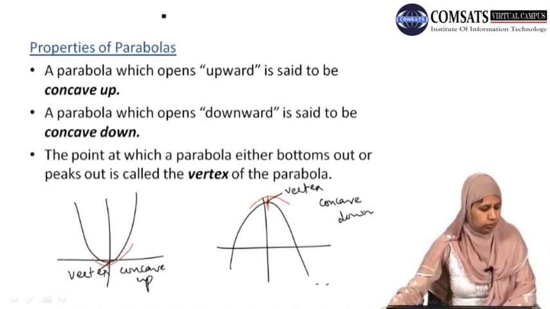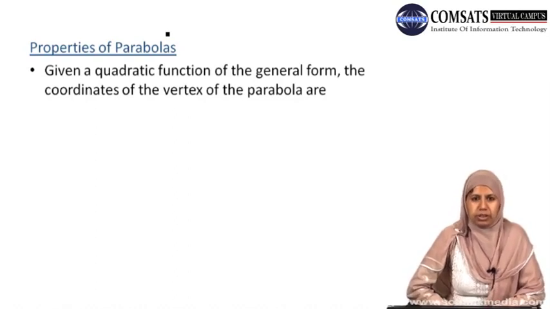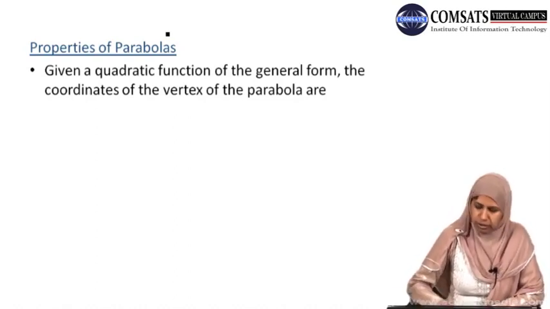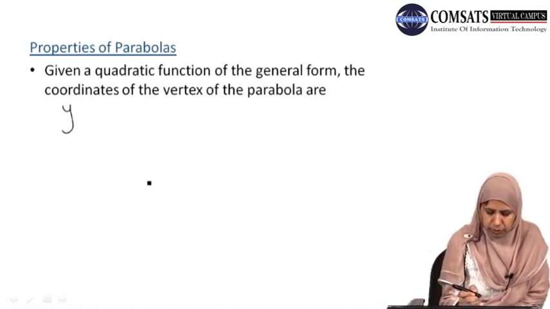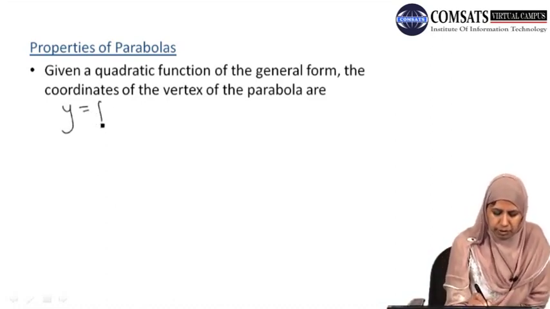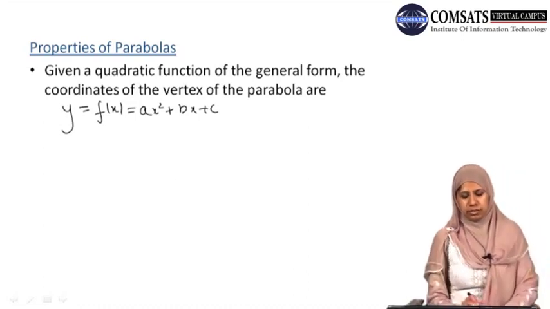Okay, now we are interested in finding the vertex of the parabola. If we are given a quadratic function of the general form, we should recall our general form, which is y equals f of x equals ax square plus bx plus c.